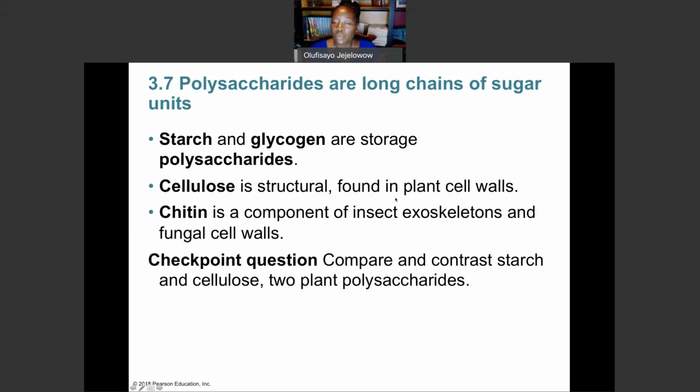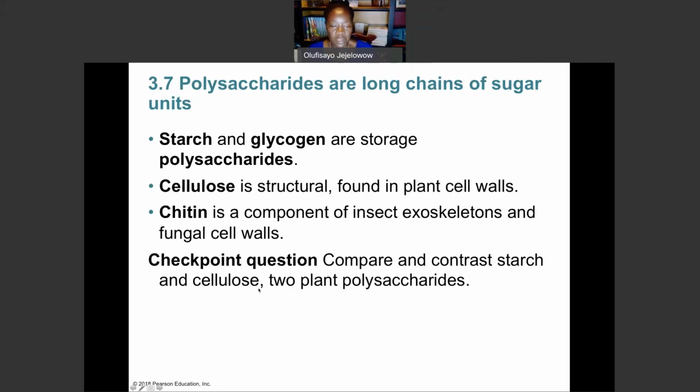Chitin is a component of insect exoskeleton and is in the fungal cell wall. So the mushroom lovers, you get chitin. It's a very good fiber, and it locks in vitamin D and B vitamins. So checkpoint questions, remember to answer them and email.